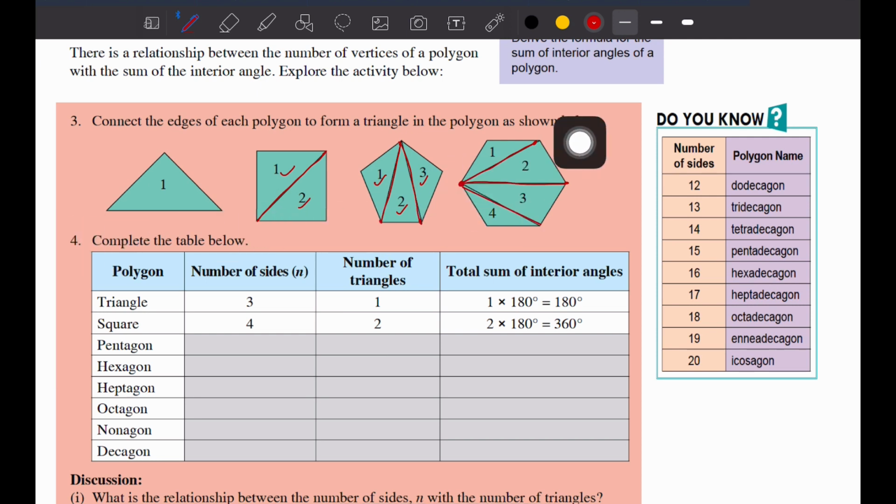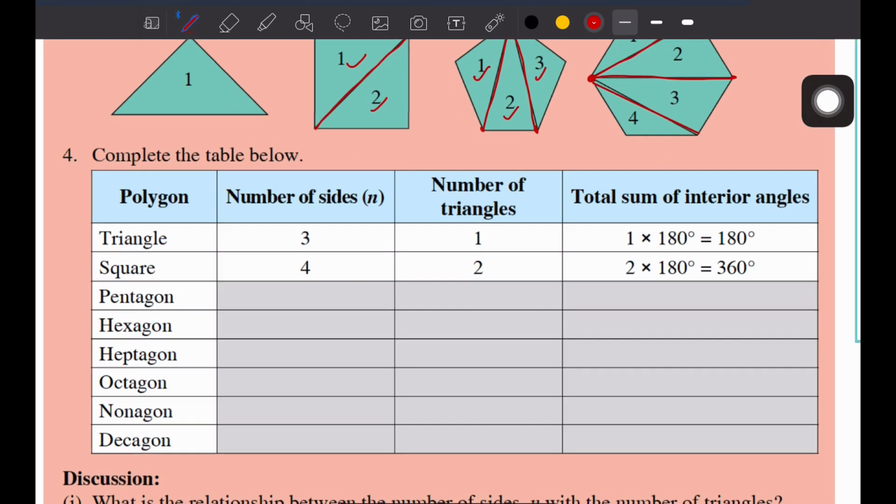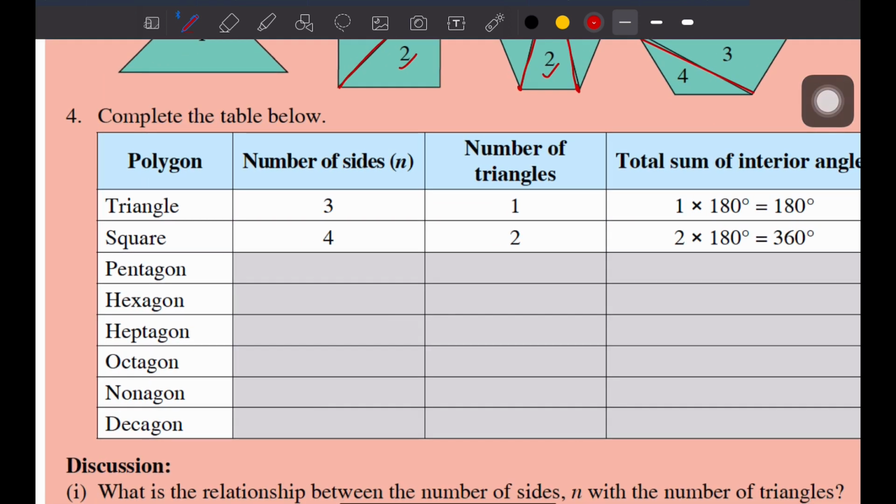So 3 garis, which menghasilkan 4 triangles di dalam. So let's complete this table. Pentagon is 5, hexagon is 6, heptagon is 7, octagon is 8, nonagon is 9, decagon is 10.